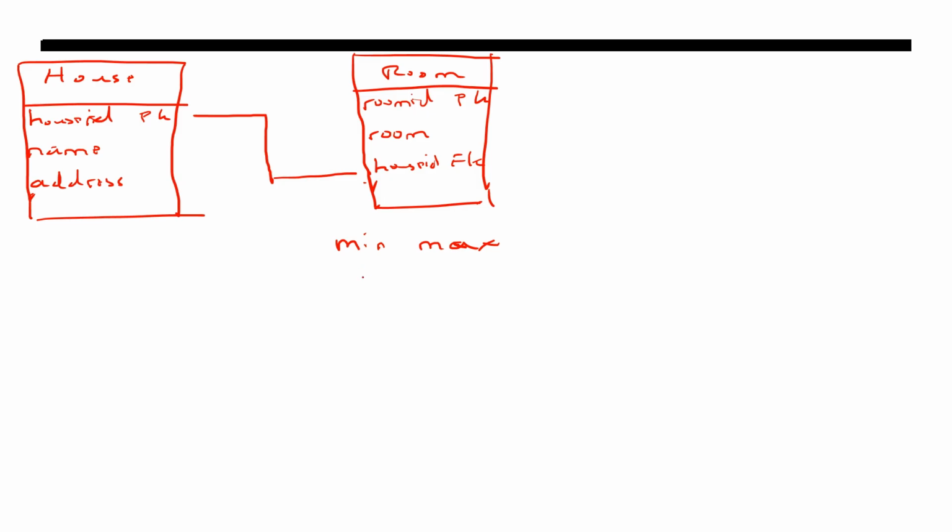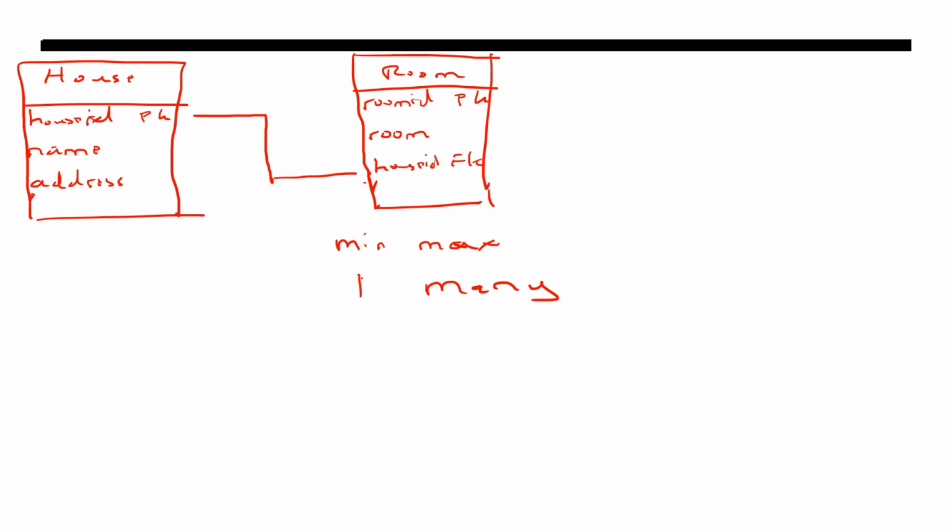Normally, we would expect a house to have a minimum of one room and a maximum which can be infinite, or to make things easy, we will say many. We'll have many rooms.